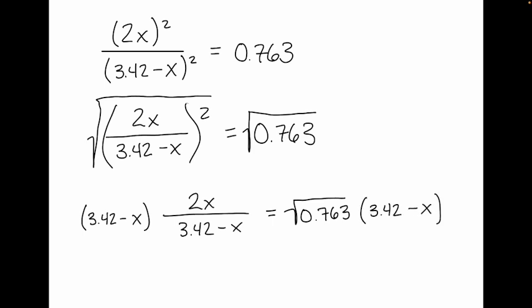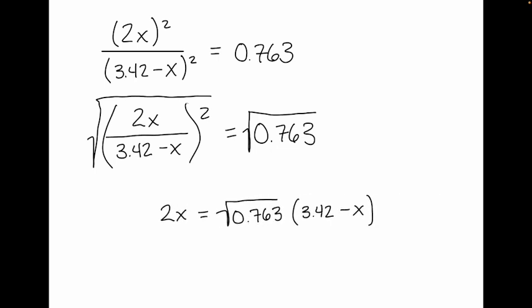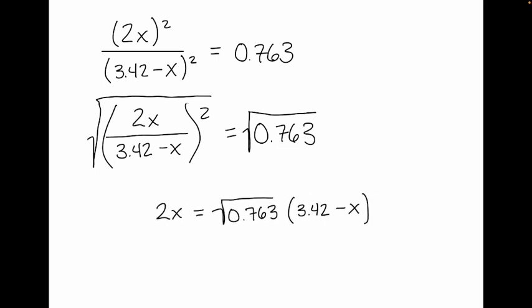All right, and why am I doing that? Because on this side, on my left, it'll cancel out. All right, so let's just simplify. Okay, I got x on one side, x on the other. I need them together. They're stuck in those parentheses.